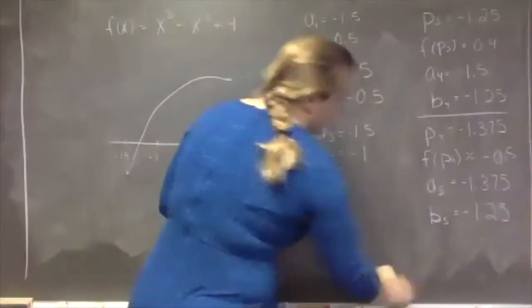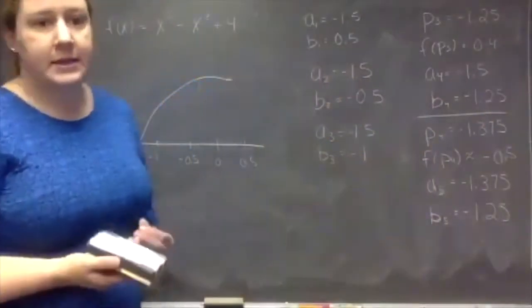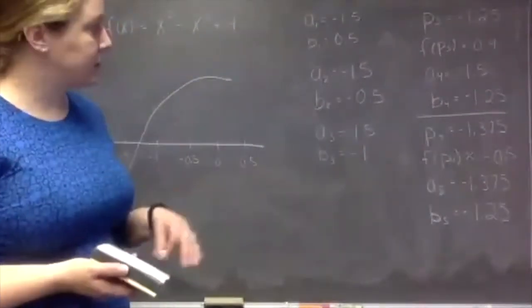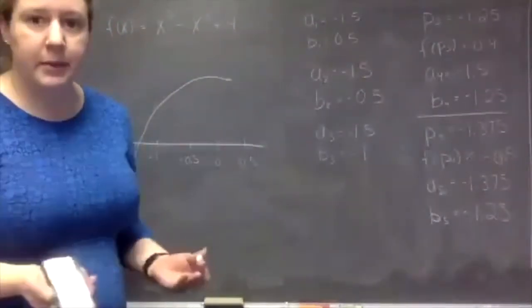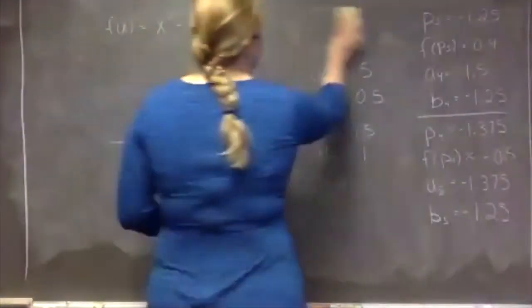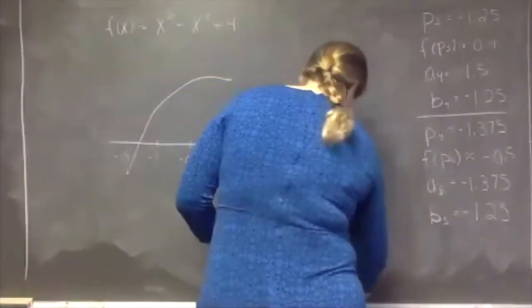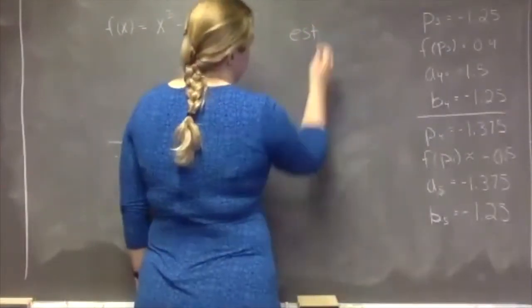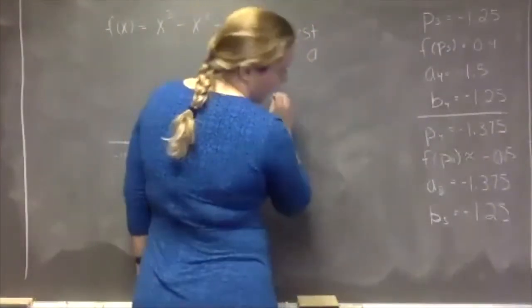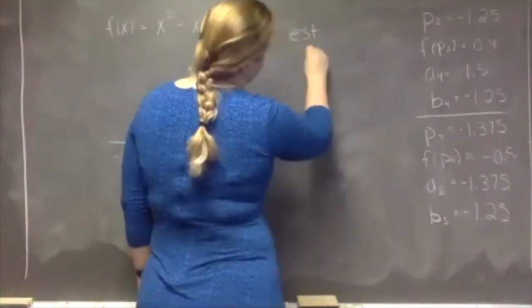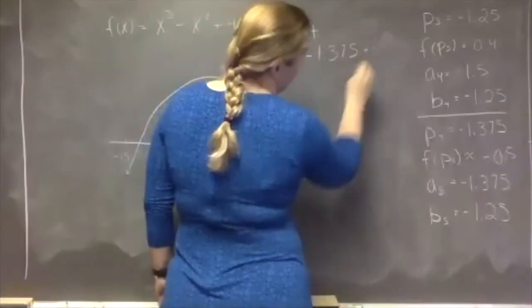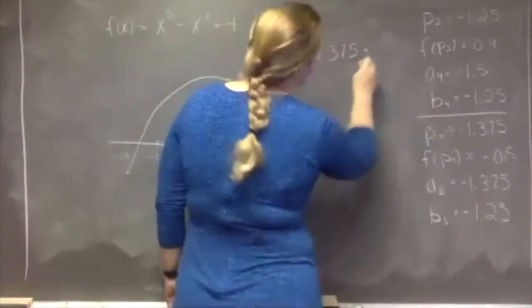Because we've run out of space and this is tedious to do by hand, I am going to say, okay, this will be our estimate. So our estimate in this case is negative 1.375 plus negative 1.25.